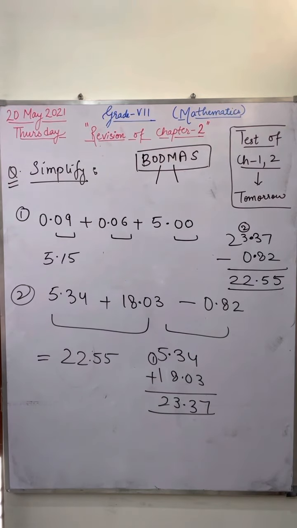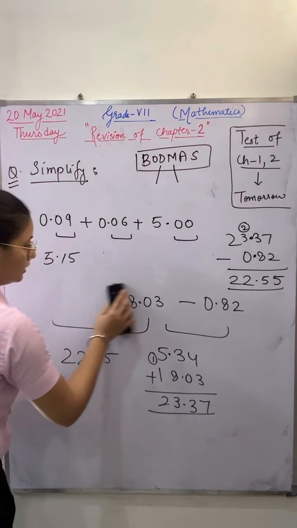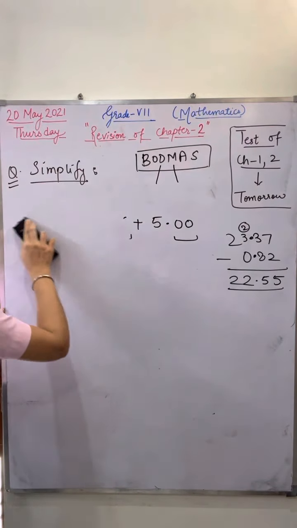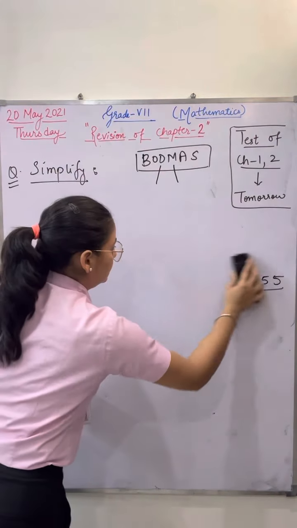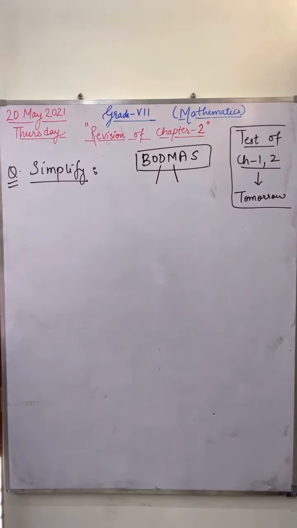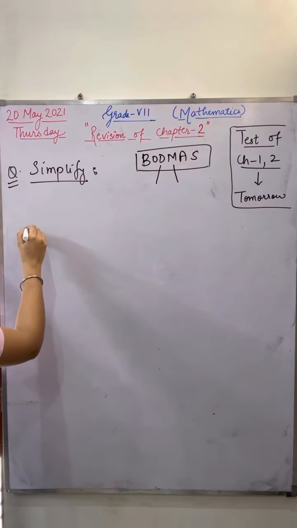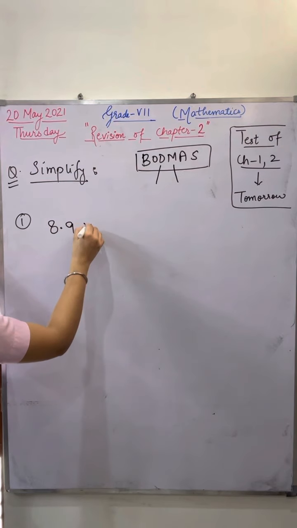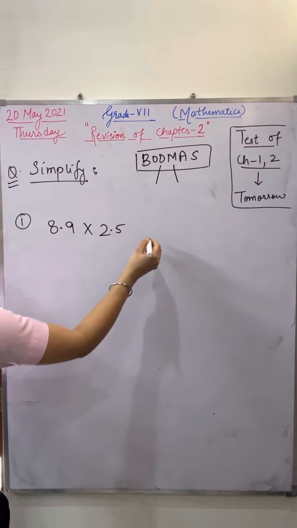Okay. Now I am giving you a question of multiplication and division of decimals. Right? The first question is 8.9 multiplied by 2.5.